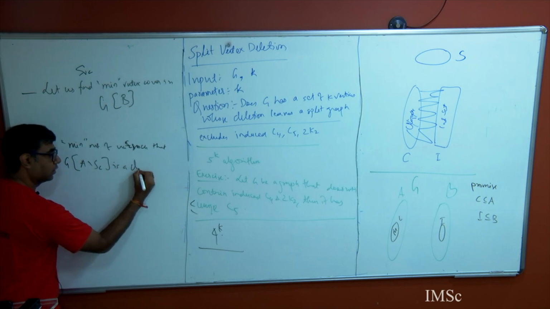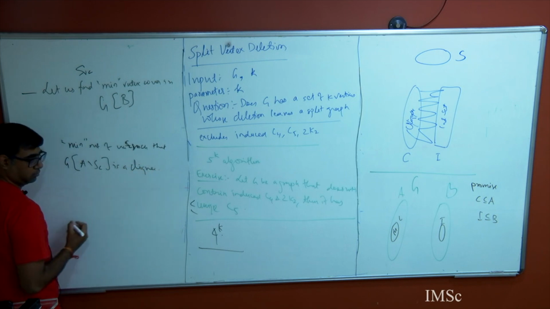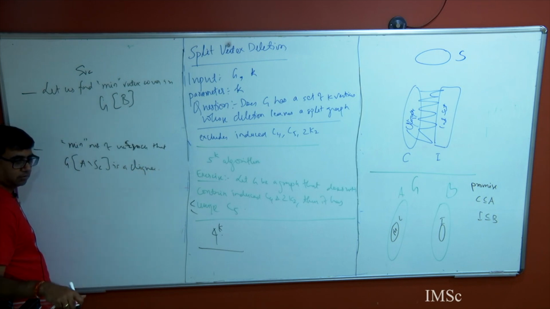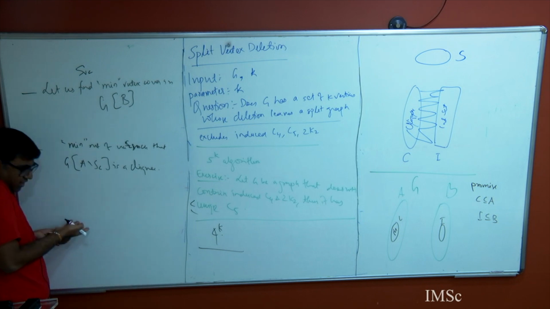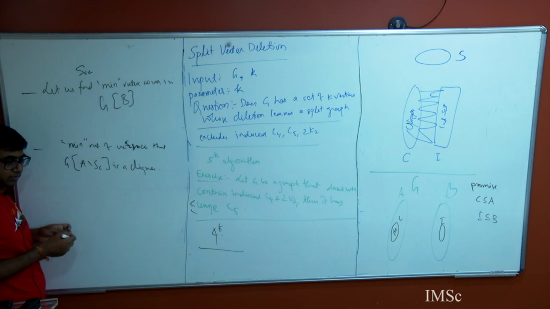Am I right? That gives you a disjoint union of cliques. That algorithm is 3 power k, so I branch. I need just one clique, so one of the branches will have just one clique. Okay, think about it. I said something more.